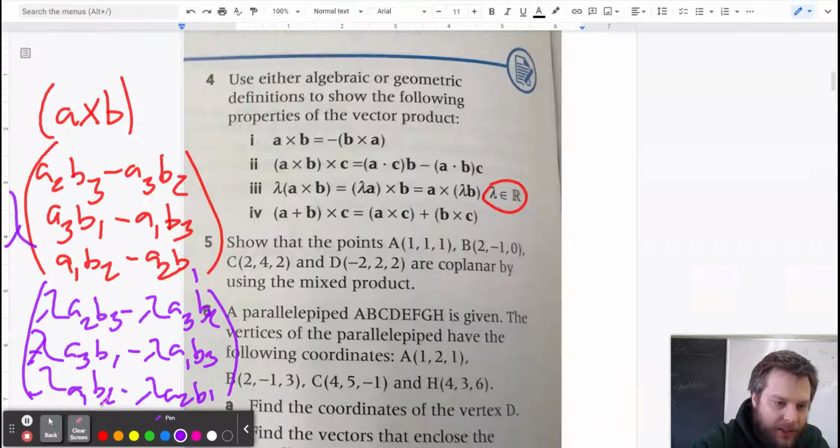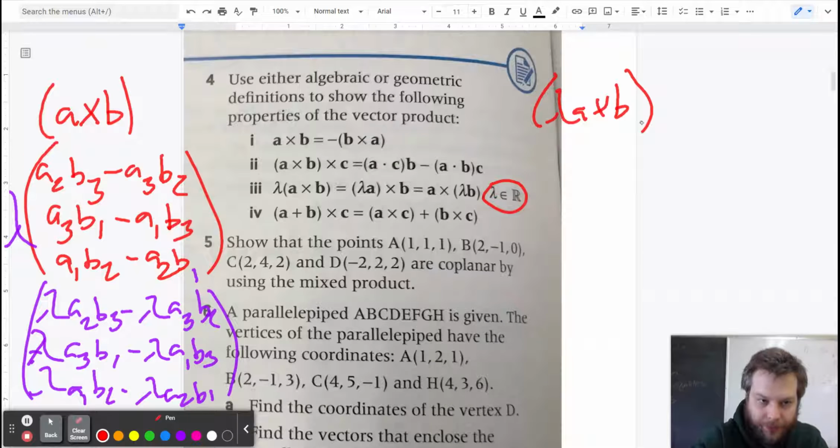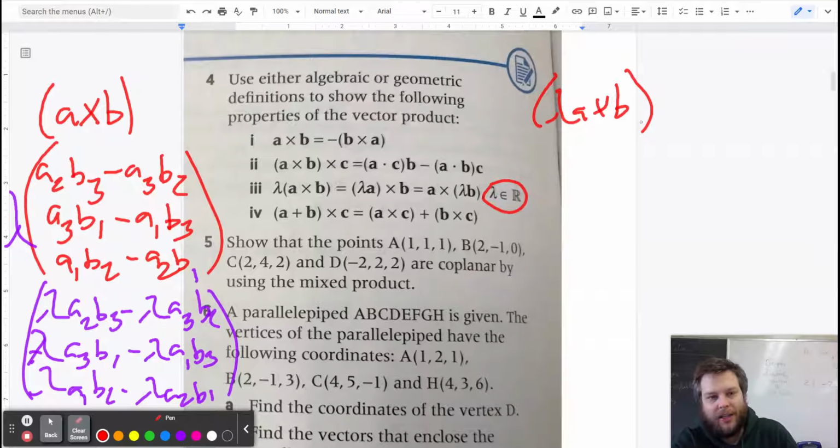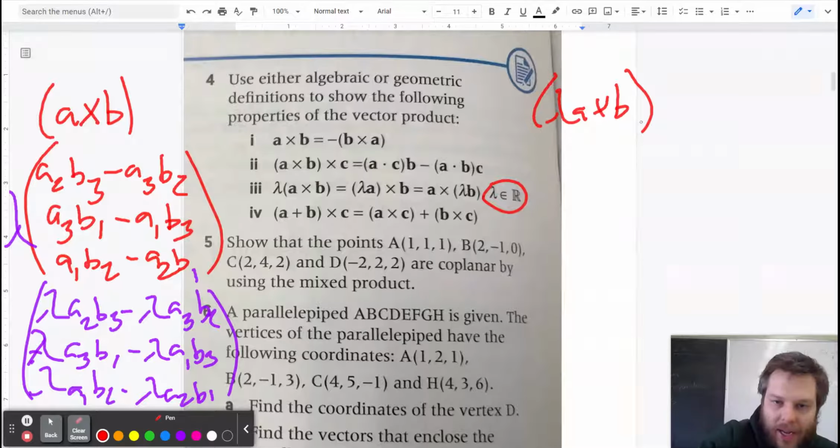So let's write what lambda A cross B is. In this one, every time I have a coordinate from our formula, I'm just going to rewrite it as lambda A. I hope you see how this works out semi-obviously.